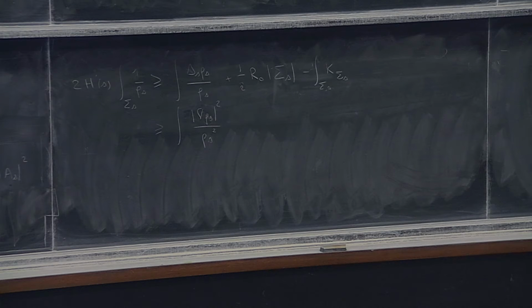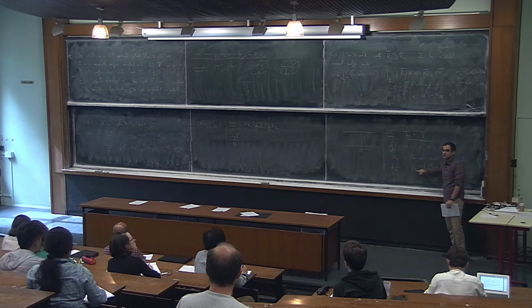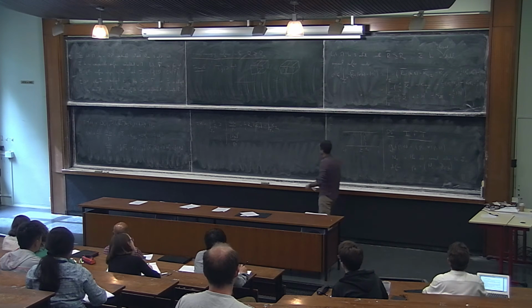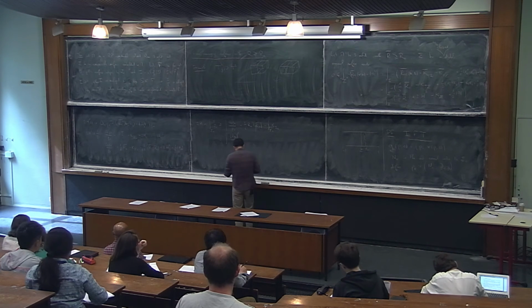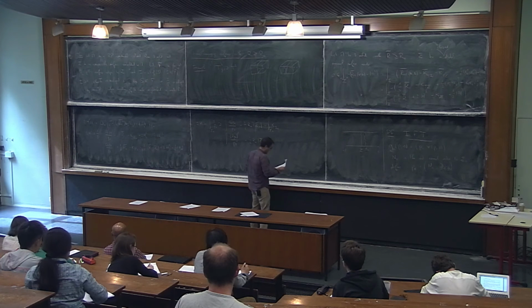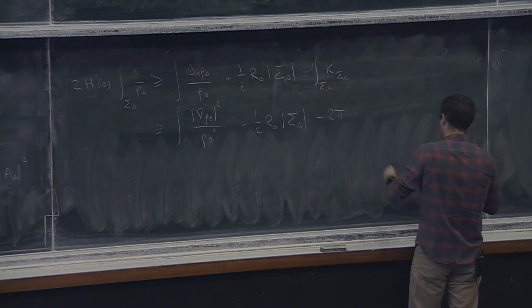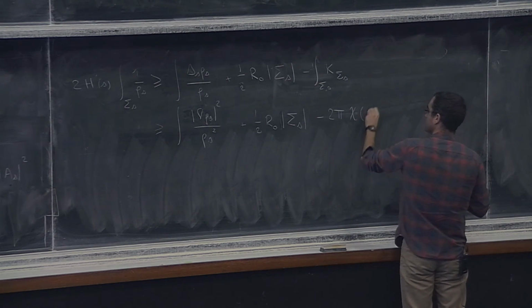So rho S is equal to 1. So you can assume that rho S is not equal to 0 in the problem. So that's why I can divide by rho S there and before. So plus 1/2 R naught, the area of sigma S, minus 2 pi times the Euler characteristic of sigma S.